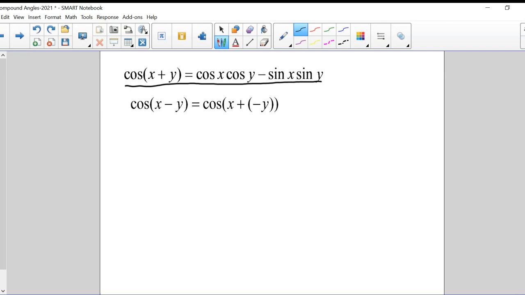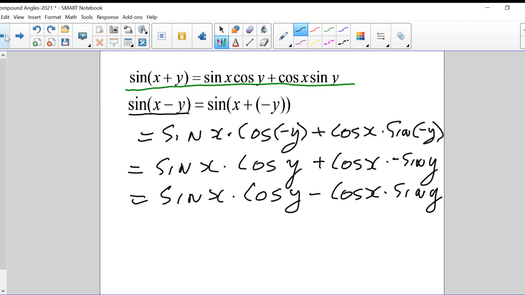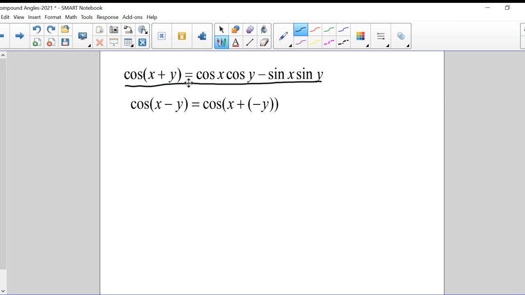Let's now try cos of x plus y. This is the compound angle. So the one we had before was the compound angle for sine, which is sine cos plus cos sine. The compound angle for cos is cos cos minus sine sine. So let's try to come up with the difference formula if we had the cos of x minus y.